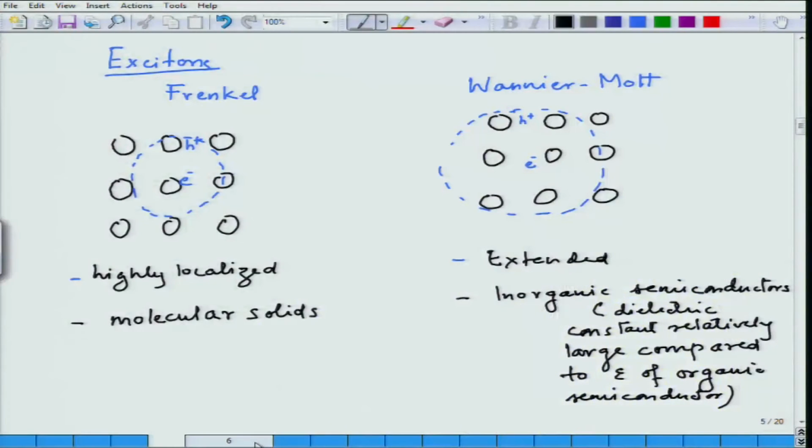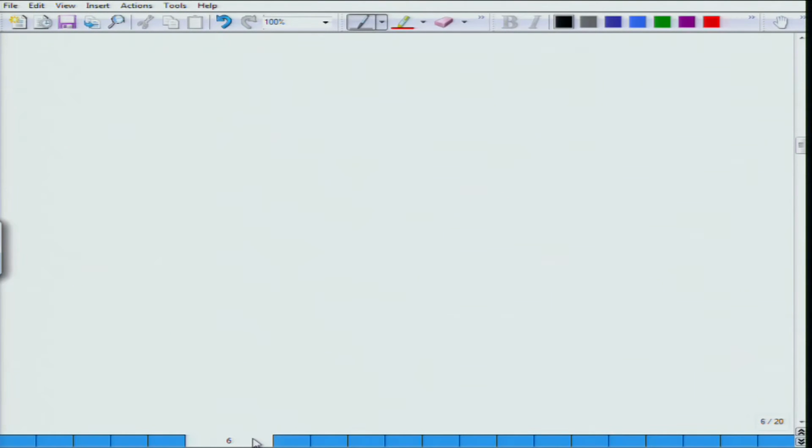In order to do that, we now look at some simple organic solar cell structures and try to see what will happen. Let me first discuss a single layer organic solar cell. As we have discussed for diode structures, in this case we have two electrodes with different work functions, an anode and a cathode.